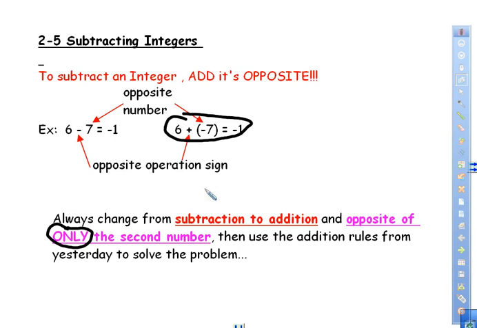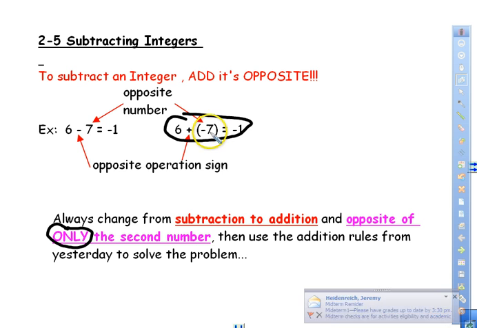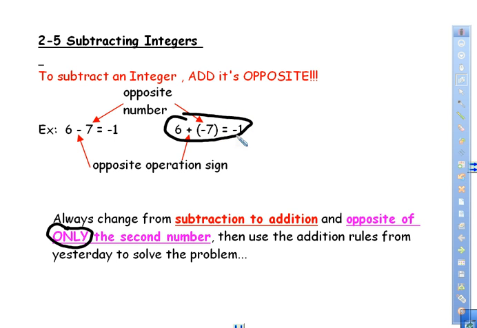Sign stays the same. When you have unlike signs, you will subtract the two numbers. And the number that has the larger absolute value, the larger digit itself, which is 7 in this case, will be that particular sign, which is -1.